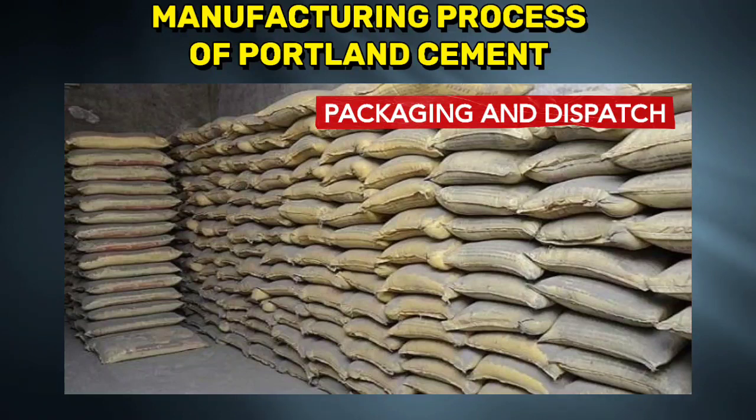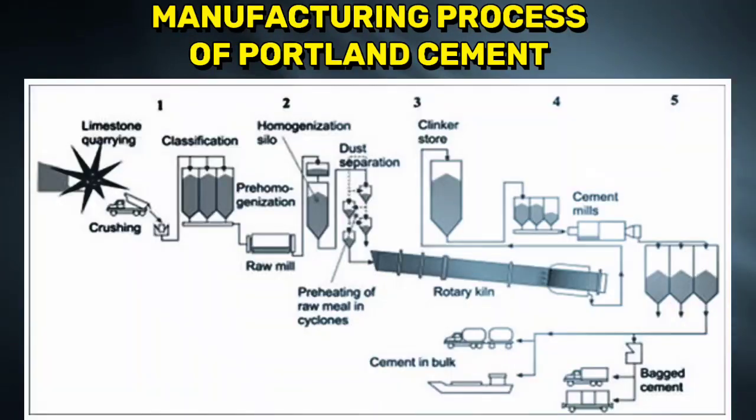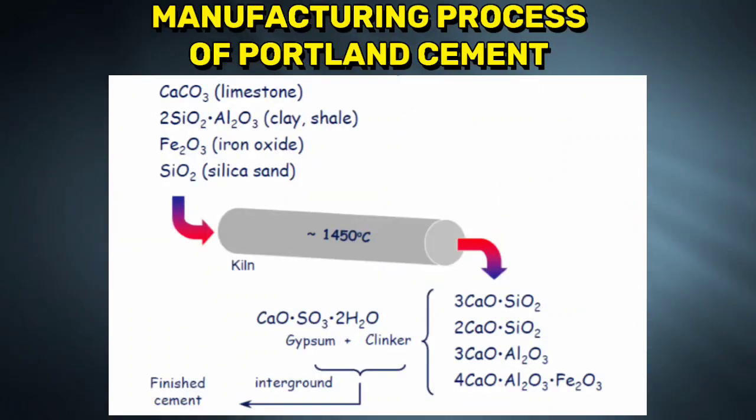Okay, so this is basically the flow chart for the manufacture of cement and the stages involved. And this is an overview of the whole process. You could see the raw materials being fed into the kiln, and then all these compounds are formed.